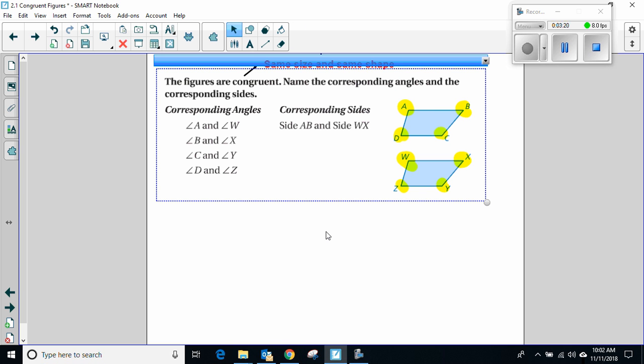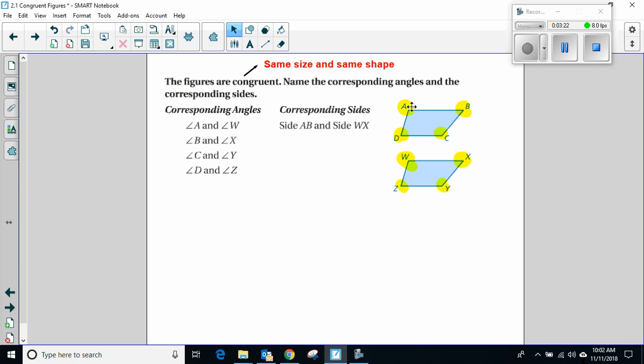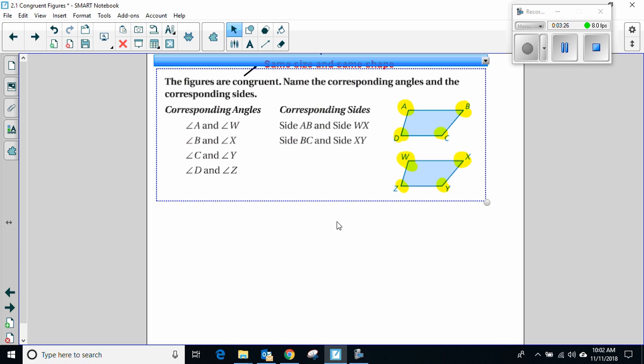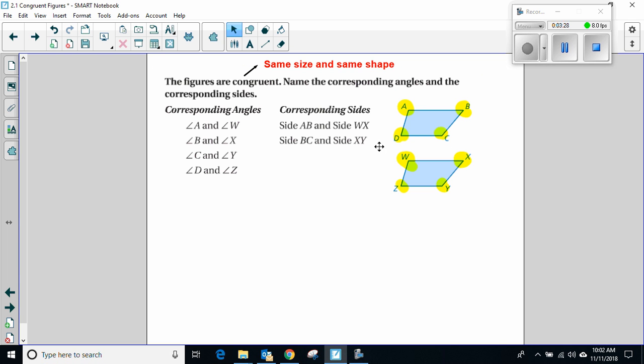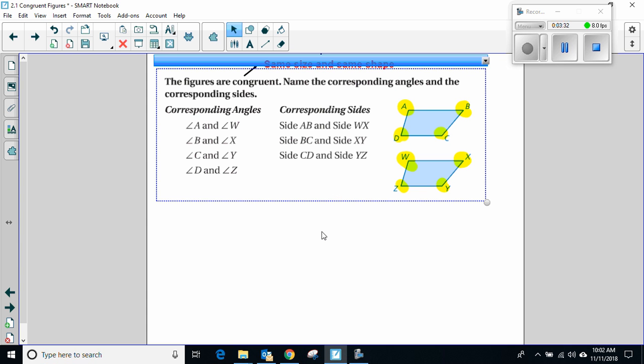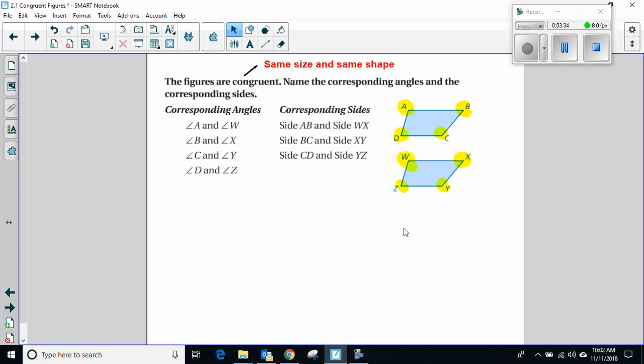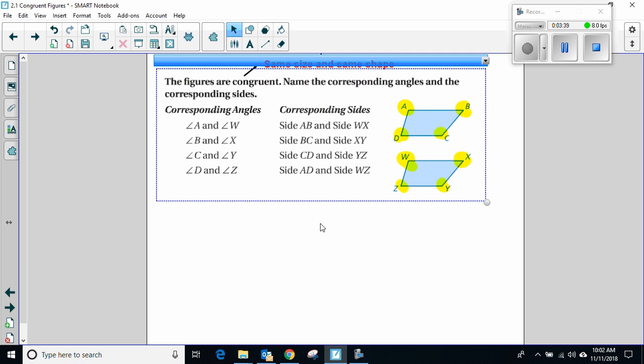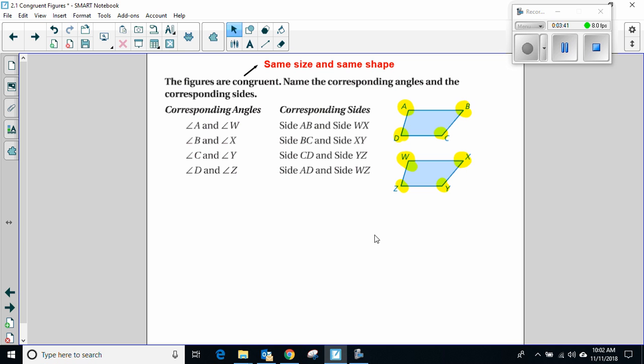So the first corresponding side would be side AB, which is up here, and side WX. The next one would be side BC and side XY, side CD and side YZ, and then lastly we have side AD and side WZ.